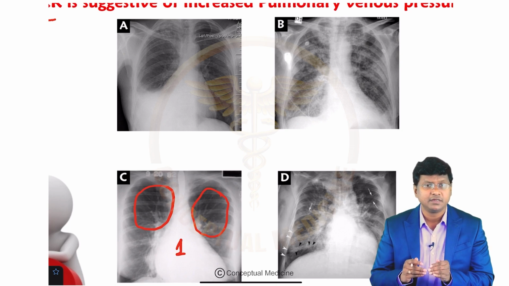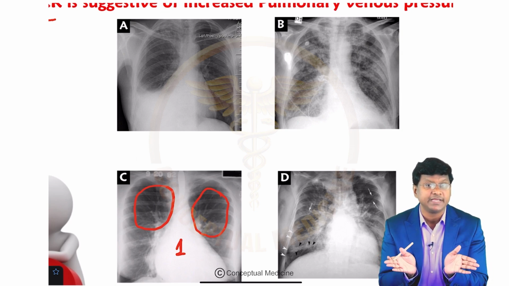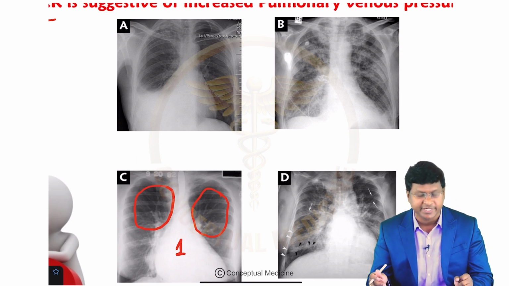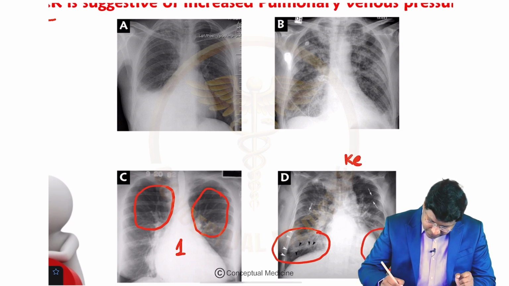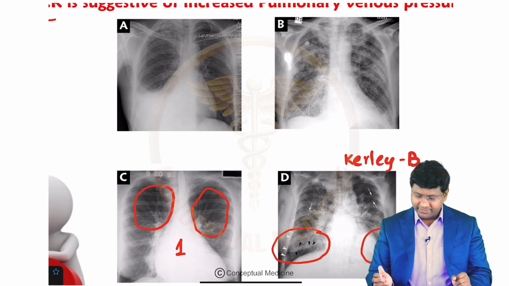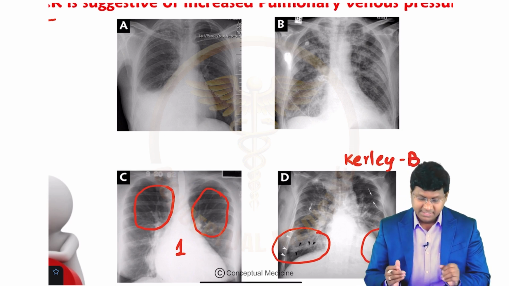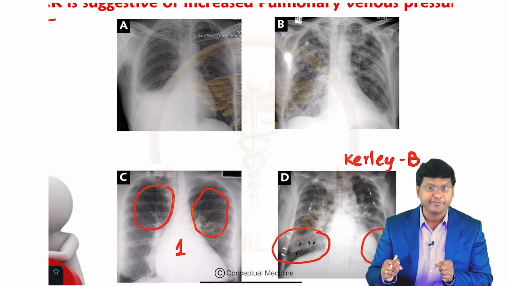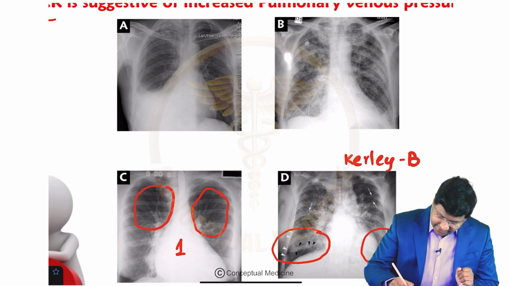And as the severity of the left-sided heart failure increases, the fluid from the pulmonary capillaries enters into the lung, into the interstitial space, resulting in interstitial edema, and that will give rise to your Kerley B lines, where the fluid is accumulated at the base of the lung.